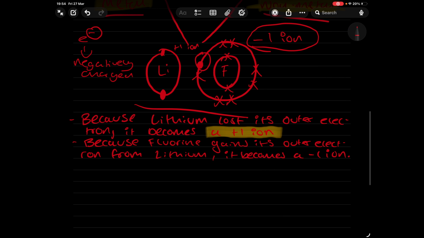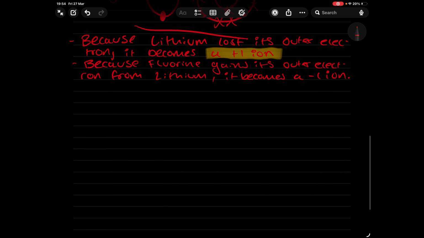In general, if a group 1 element reacts with a group 7 element, every single time the group 1 element will become a +1 ion. Every single time the group 7 element will become a negative ion.